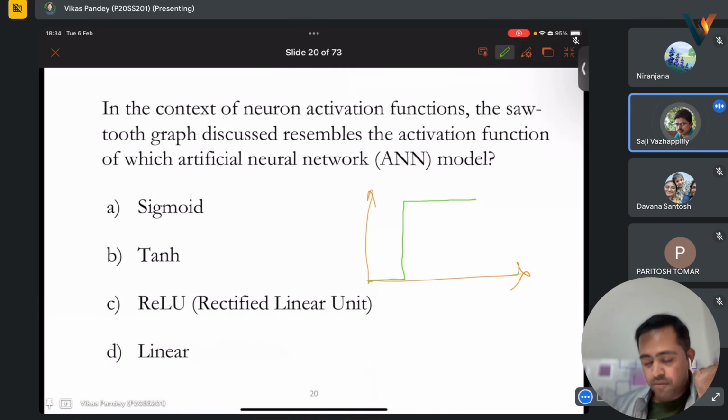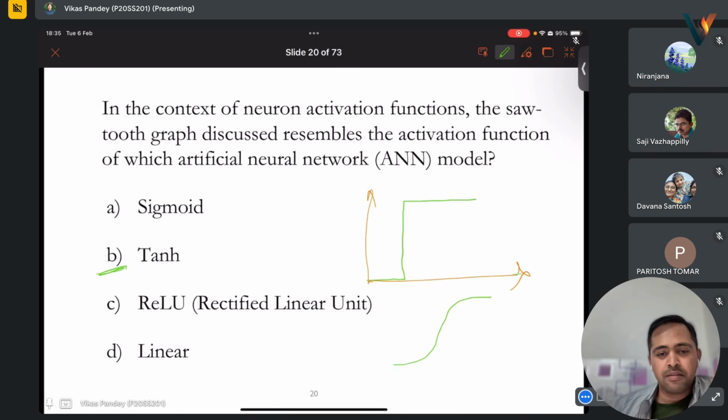Tan H, I think. It is similar to tan H. And what is the structure of tan H? It is not sharp, something like this, right? Any other answers for this?